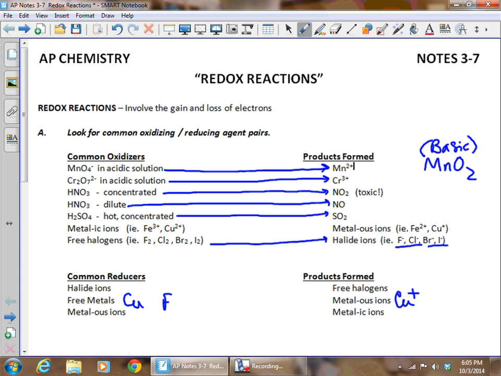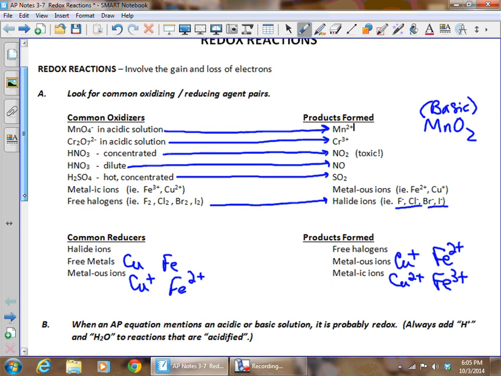Fe might go up to Fe2+, etc. And our ous ions, like Cu+, might get oxidized on up to Cu2+. And our Fe2+ might get oxidized on up to the ic form, Fe3+, the ferric ion. So those are some things you might see. Now I know that was a lot at once, but I just wanted to show you some things that you might see here at the beginning.